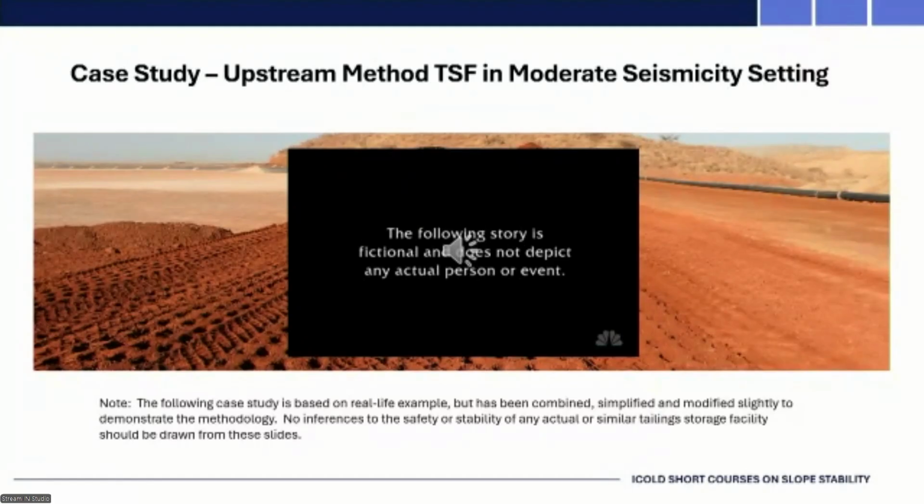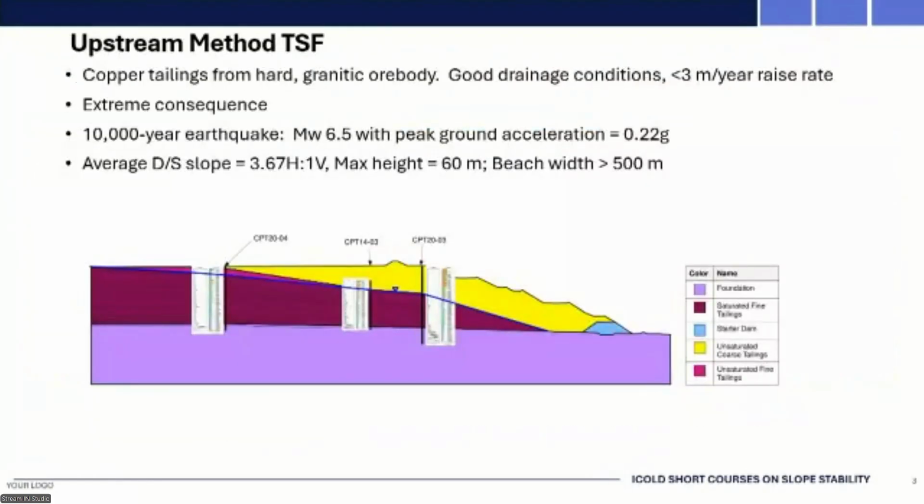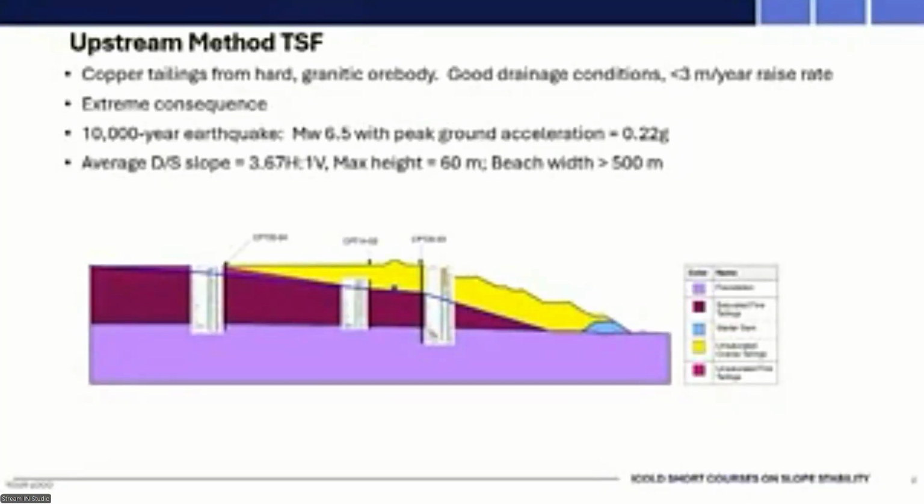So the main purpose of this case history is to walk through the application of that flow chart. So it's kind of part 2 of my first presentation. But it probably could bear some similarity to some of the upstream method TSFs here in Southern Africa, perhaps with a higher seismic load though.